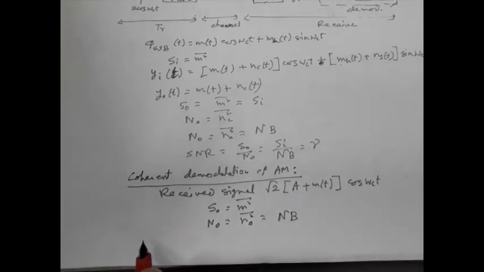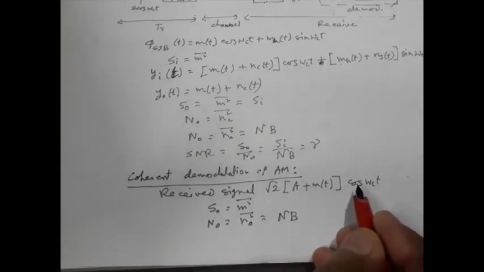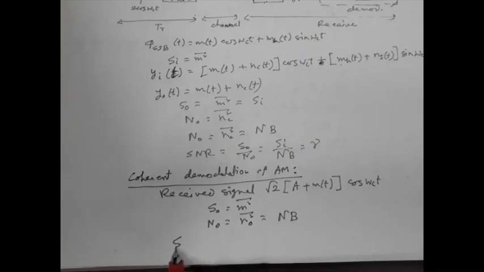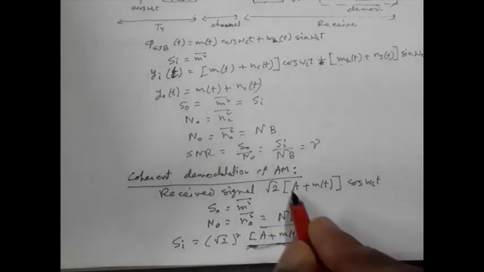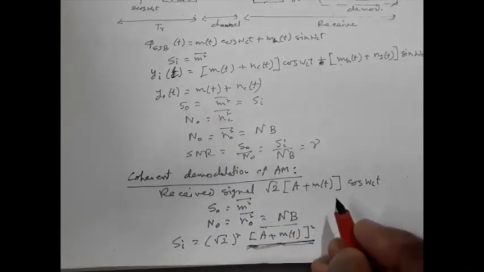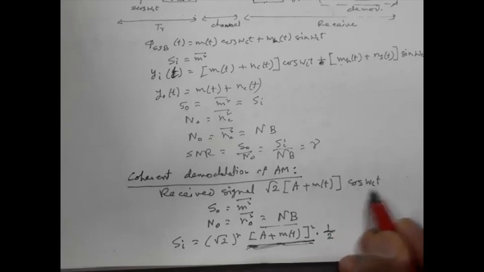Now as the received signal is √2 (A + m(t)) cos ω_c t, under this condition S_i can be written as √2 squared into (A + m(t)) squared bar, into half due to this cosine term.